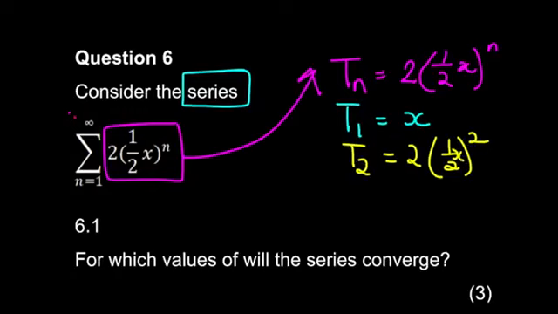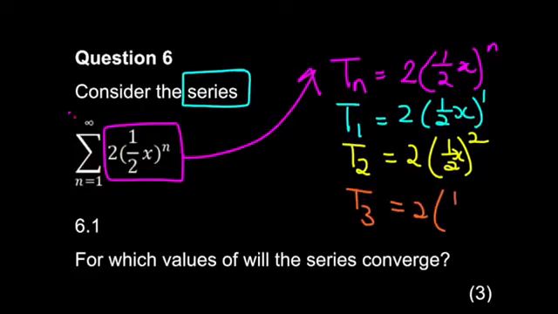I'm not going to expand it, just so that you can see the pattern. Over here, I'm also not going to expand it, just so that it's more visible what is actually happening. So this is a half x to the 1. And then we have T3, which is 2 times a half x cubed.